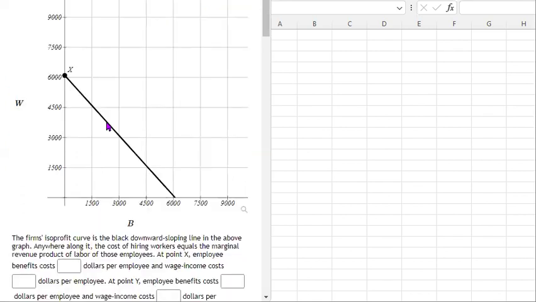This downward sloping black line is the firm's isoprofit curve. Profits are the same anywhere along this black line.